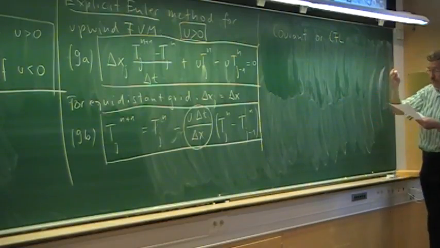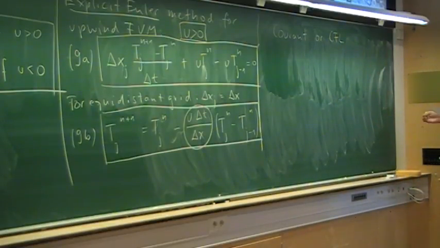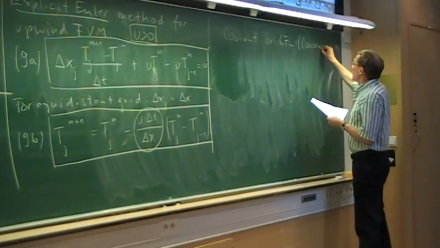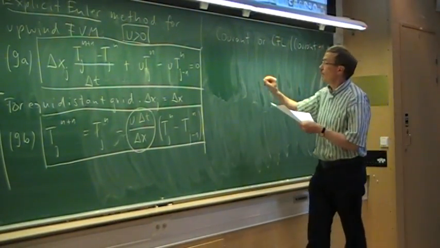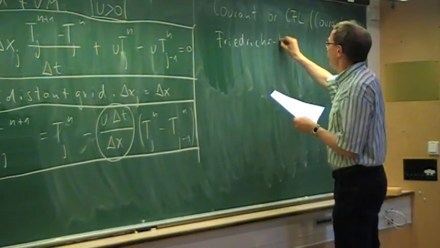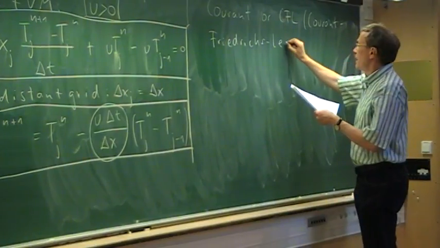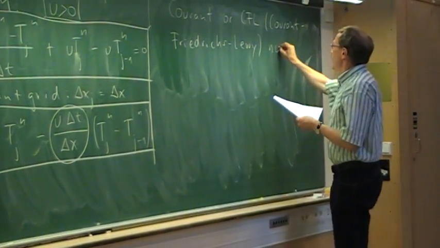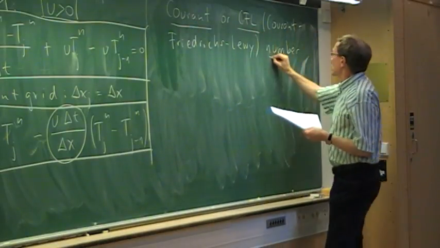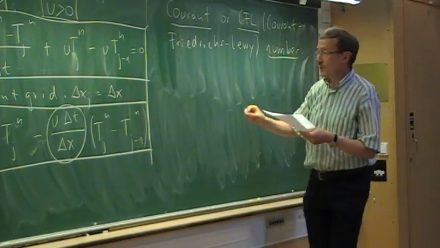He had to flee from Nazi Germany. That is, or CFL, which stands for Courant-Friedrichs-Lewy number. So that is the name.